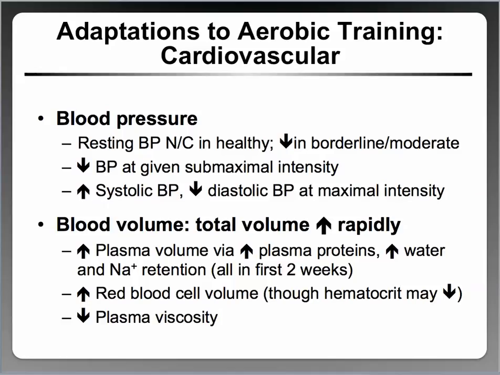So you do see an increase in plasma volume immediately after an acute bout of exercise. And you'll see this within the first hour after a bout. Essentially what happens is that you increase the plasma proteins that are in your bloodstream. The protein that is mainly responsible is plasma albumin.